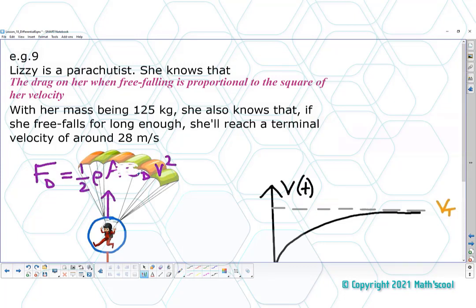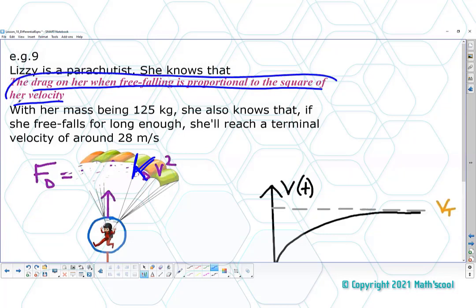We'll just call all of that K. So the force of drag on her is K times V squared. And that's what they say here: the drag on her when free falling is proportional to the square of her velocity.